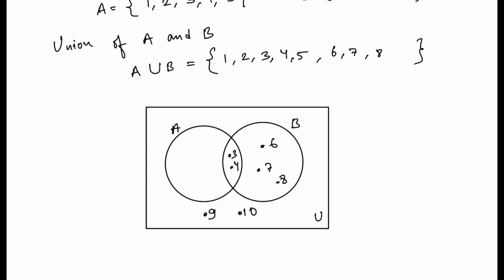Elements are just to make you understand which region belongs to A union B. So basically this entire region belongs to A union B.